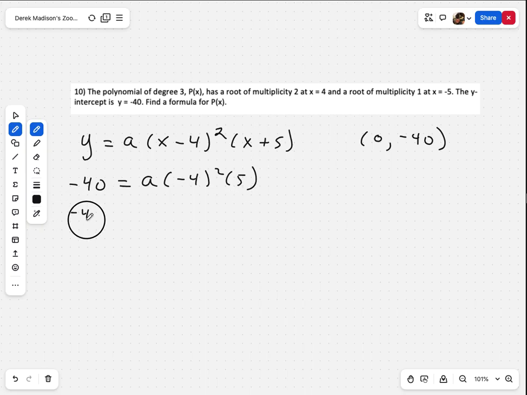And let's see, so -40 equals a times, this would be 16 times 5 is 80. And then dividing the 80 over, that should reduce to -1/2 for a. So final would be y equals -1/2 times x minus 4 squared, times x plus 5.